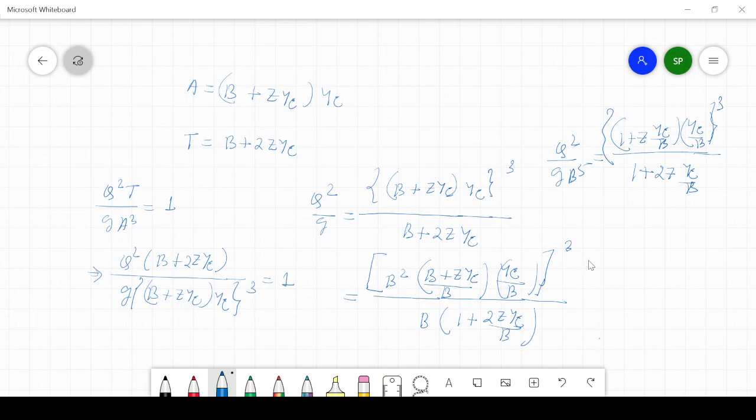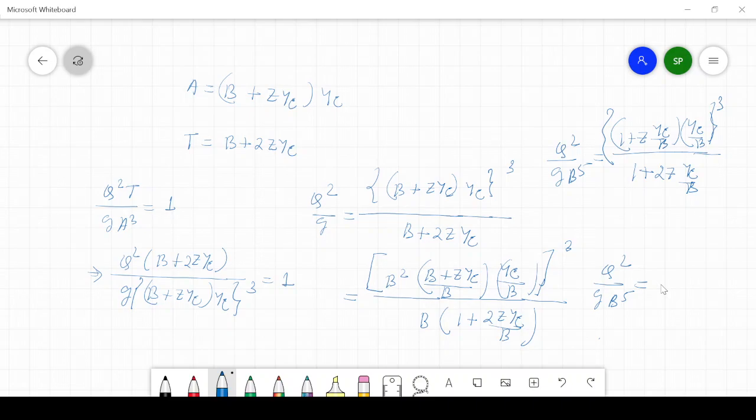So now this term Q square by g B to the power 5, this is a non-dimensional discharge parameter. So from this expression you cannot find out yc directly, so you have to do some trial and error method.